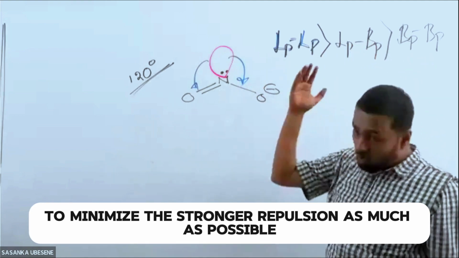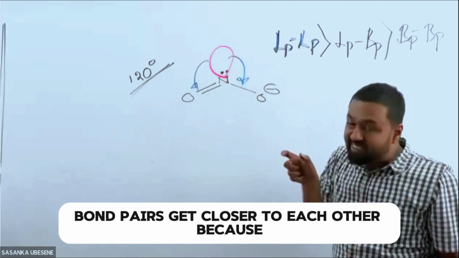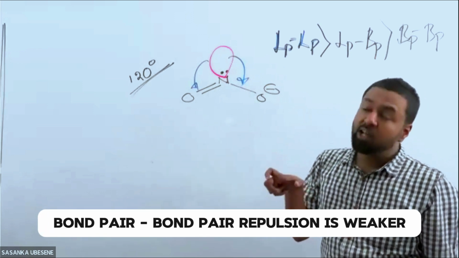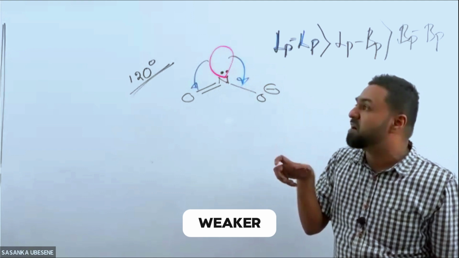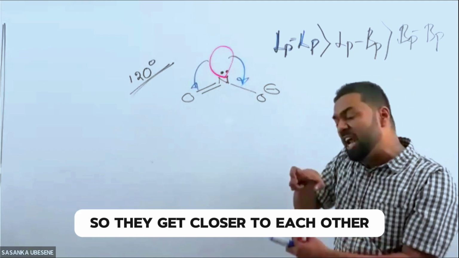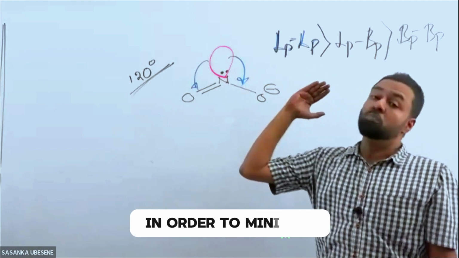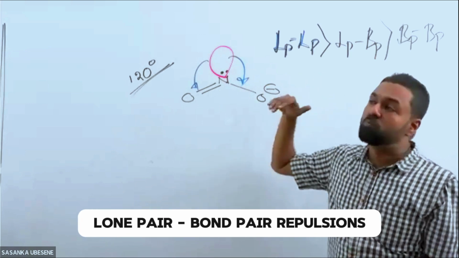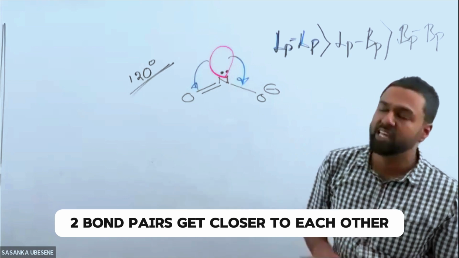To minimize the stronger repulsion as much as possible, what happens? Bond pairs get closer to each other because bond pair repulsion is weaker. So in order to minimize the lone pair repulsion, two bond pairs get closer to each other.